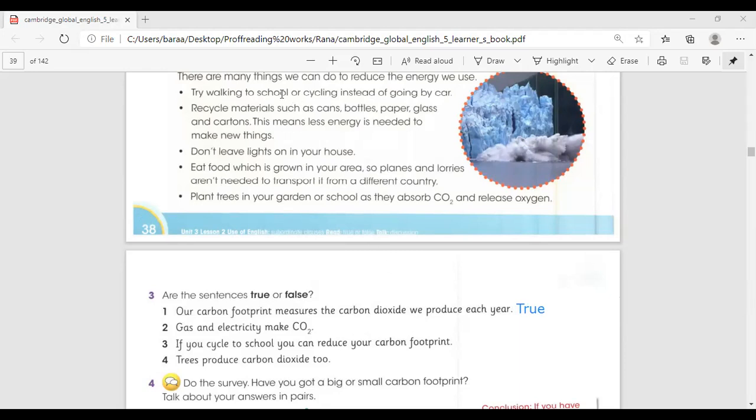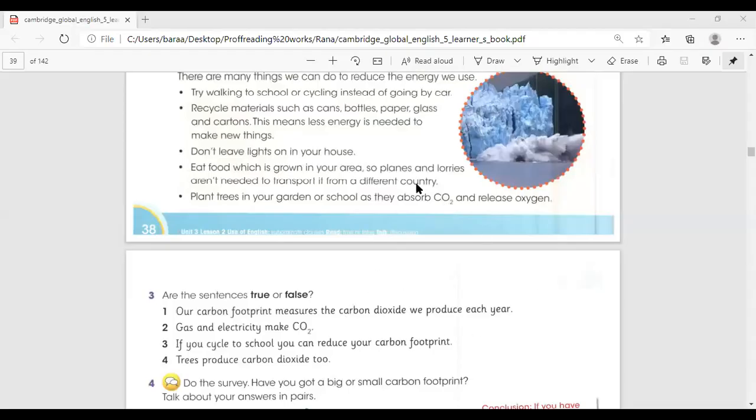So the first one is true. The second one is: gas and electricity make CO2.